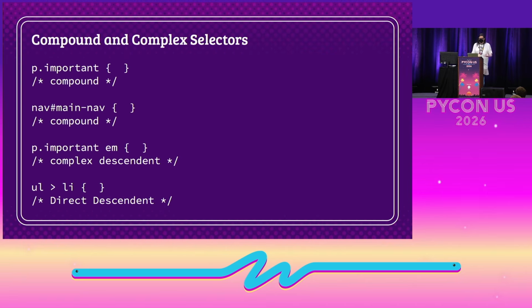Complex selectors are compound or basic selectors combined with what are called combinators. The most common one you're going to see in your CSS is the descendant operator. It is not an operator as we are used to. The space is the descendant operator. It's a little weird to wrap your head around the first time.